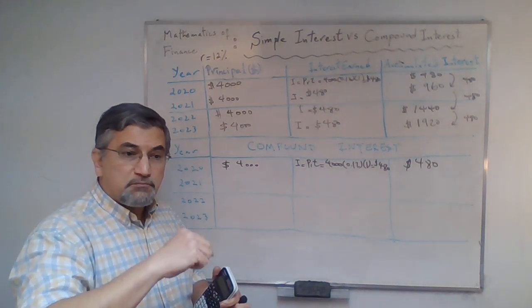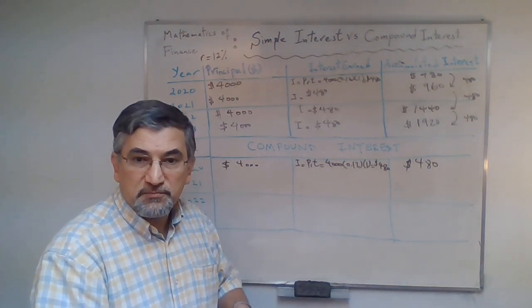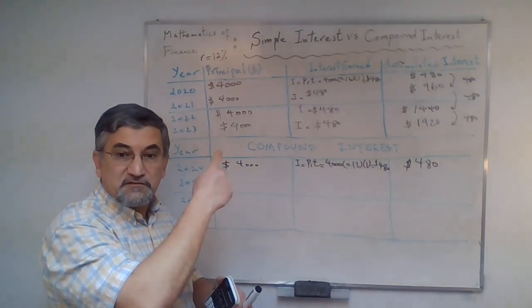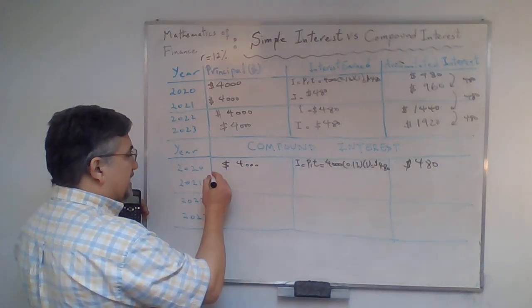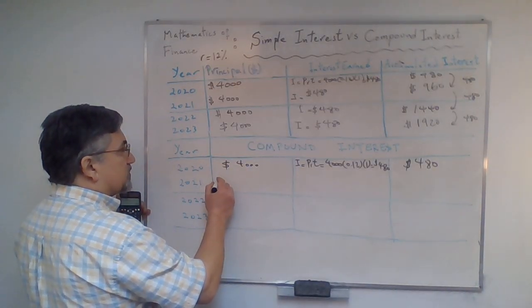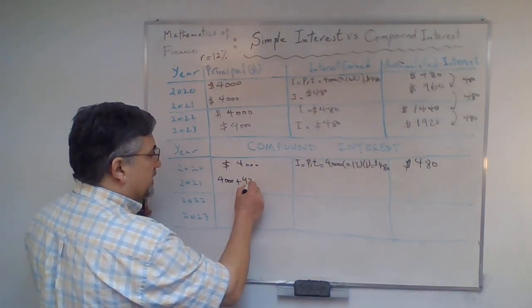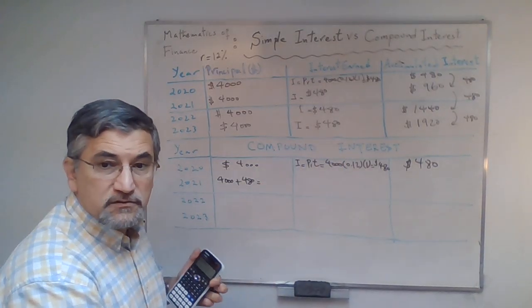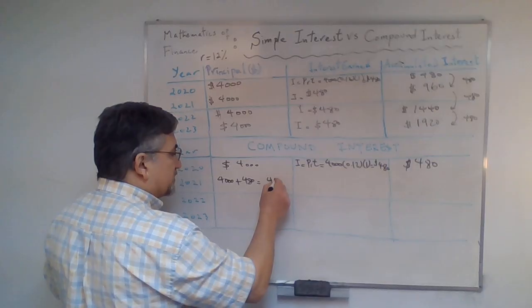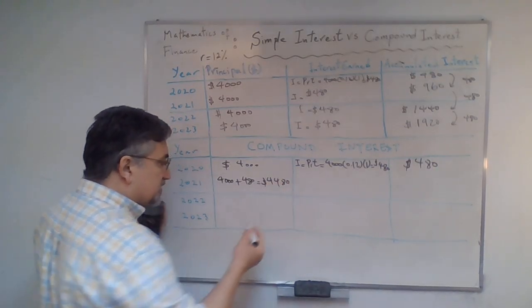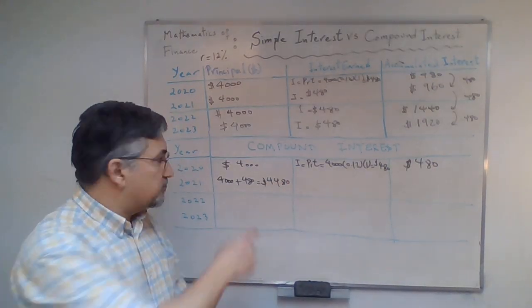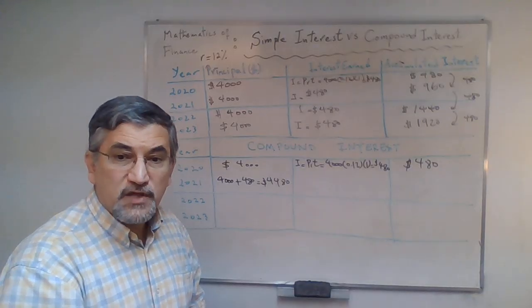So your principal now is a bigger principal compared to the principal at the beginning of the year. That means you have a new principal, which is 4,000 plus the $480 still sitting in your account, and that will be $4,480. And this is a bigger principal compared to the smaller principal of 4,000.